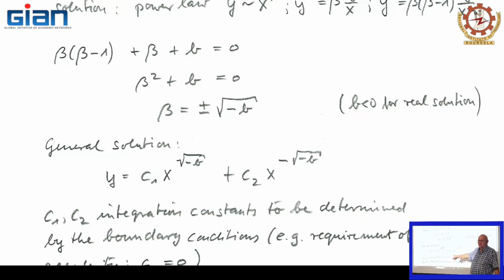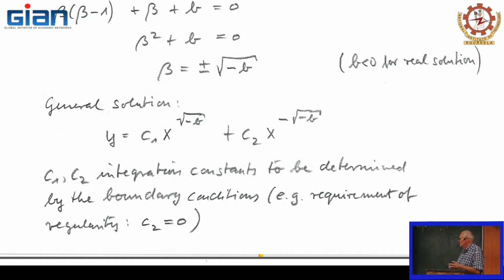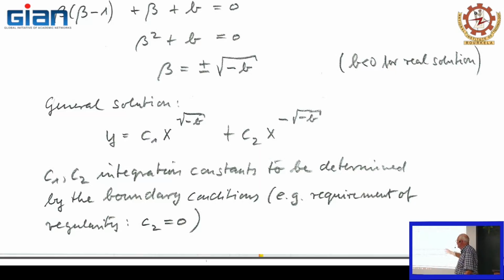That means as a boundary condition, we put C2 equal to 0, and we are left with the regular part. This should demonstrate that you can select between irregular and regular parts simply by applying appropriate boundary conditions. Here you do it simply by requiring that C2 is equal to 0.